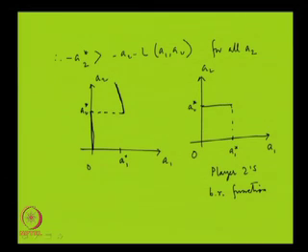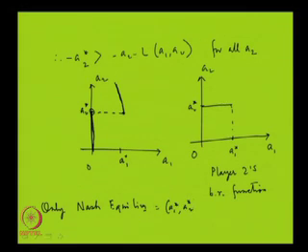Now, if I combine this with this, remember this point is not included, this point is included. If I combine this with this, the only Nash equilibrium, the unique Nash equilibrium, is at A1 star and A2 star, because this is the point where the functions are meeting.